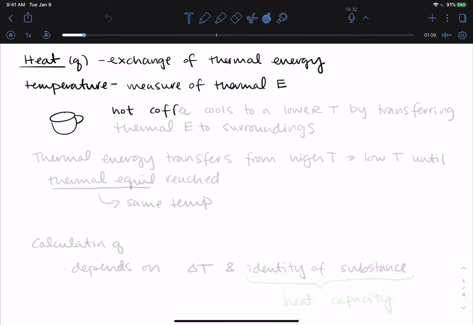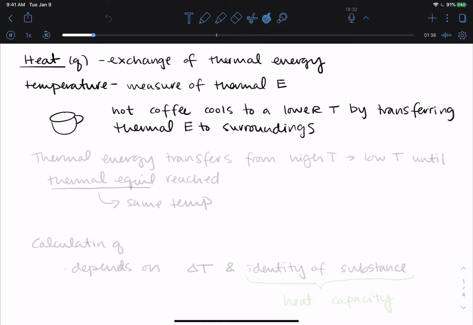So if you set this coffee on the counter, you know that eventually that coffee will cool down. So the hot coffee cools to a lower temperature by transferring thermal energy to the surroundings. And there is a point at which it stops, right?